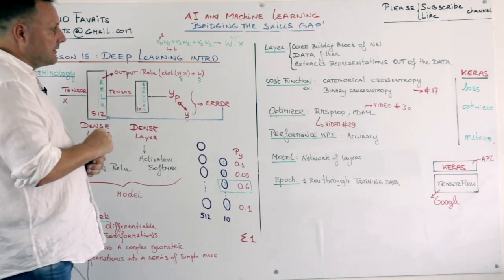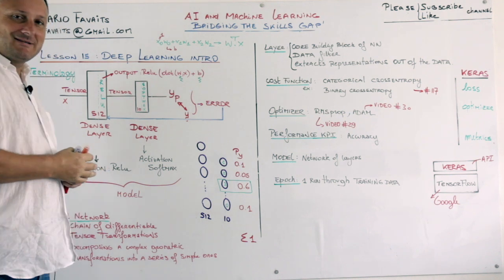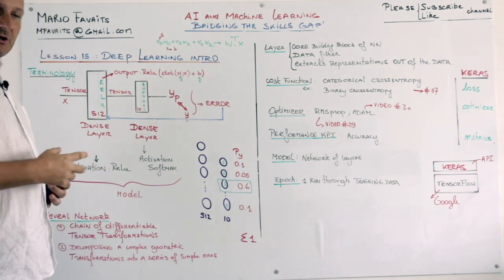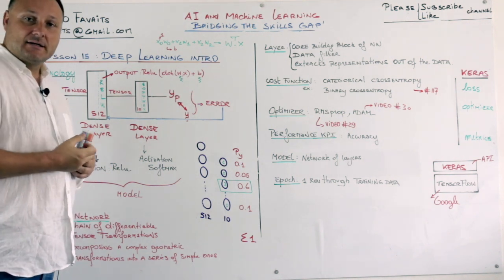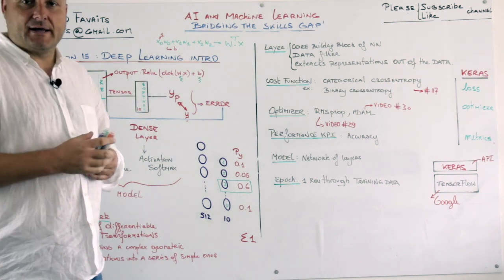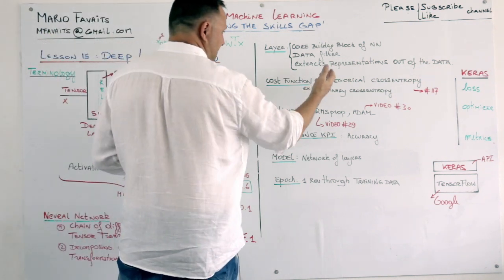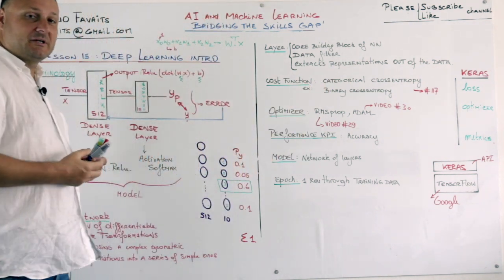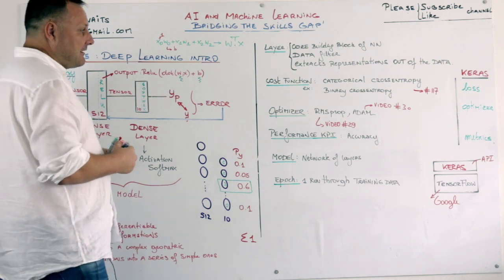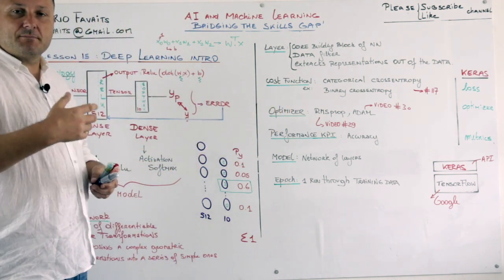Alright, so layer, we've defined it, it's a core building block of neural networks. It's basically a data filter. So it extracts valid information out of the data. They call it representations, but basically that's what it does. Then we have a cost function. Yes, we will have a cost function and we will minimize the cost.